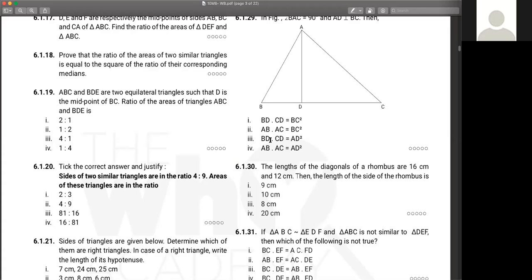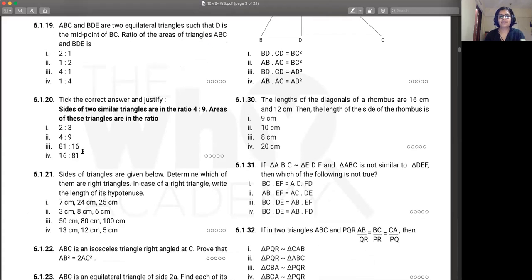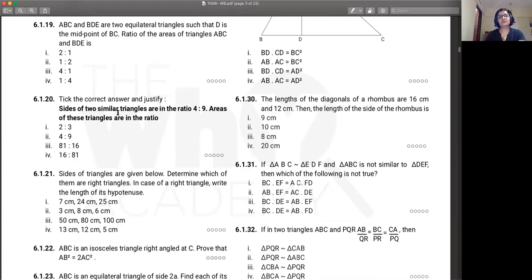Cool. Next किसका turn है मनस्वी के बाद? मिहिका. Mihika, question number 20. Sides of two similar triangles are in the ratio 4 is to 9. Then areas of these two triangles will be in the ratio 16 is to 81.